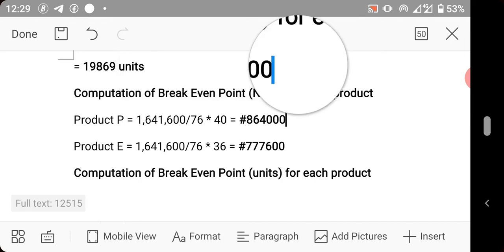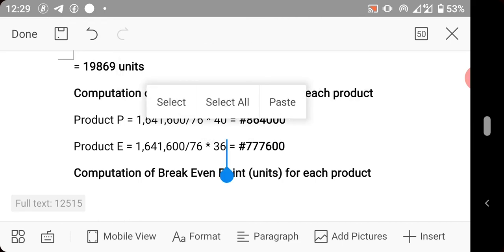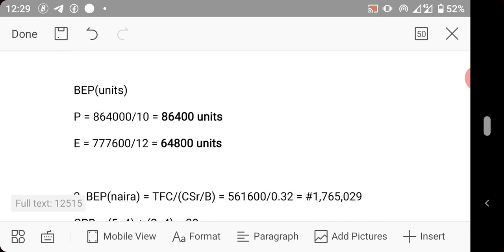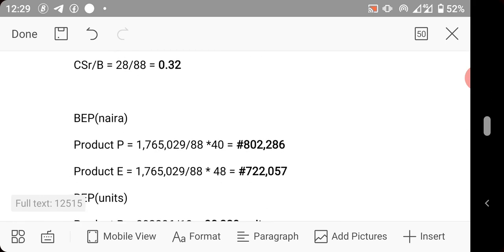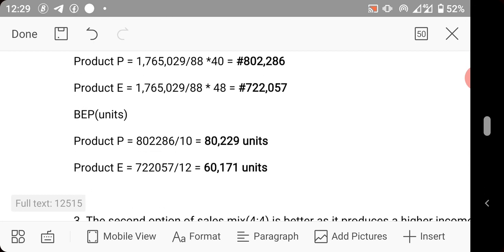Same here, you have what you need. So this is how computation is done for multi-product companies. You can look at the remaining in the notes that I will upload. I think it is self-explanatory for your understanding.